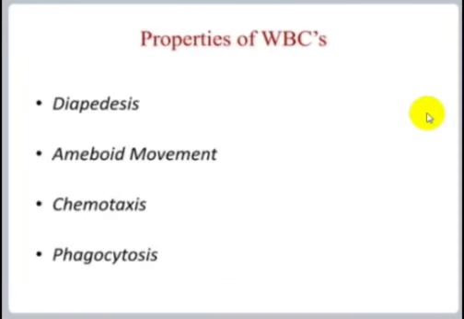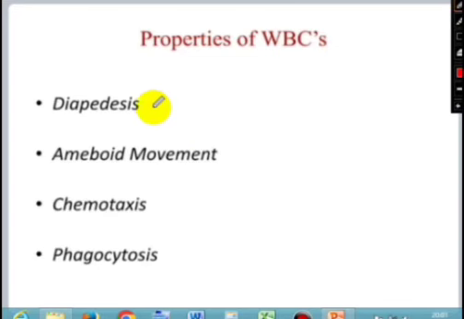Properties of white blood cells. Very quickly, properties of white blood cells. White blood cells have the following properties. The first one, diapedesis. What is diapedesis?